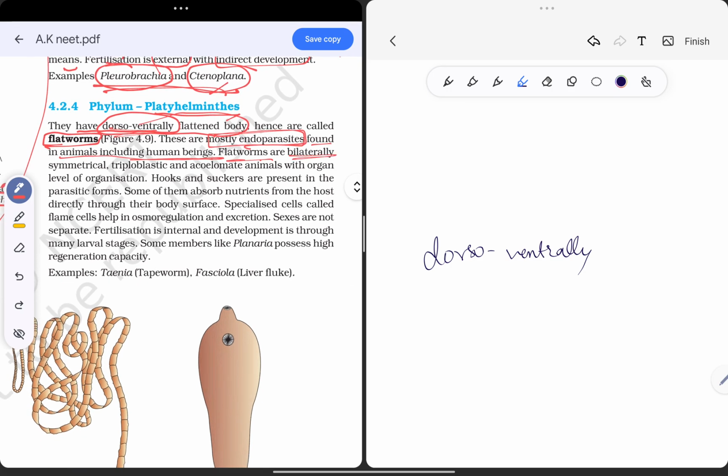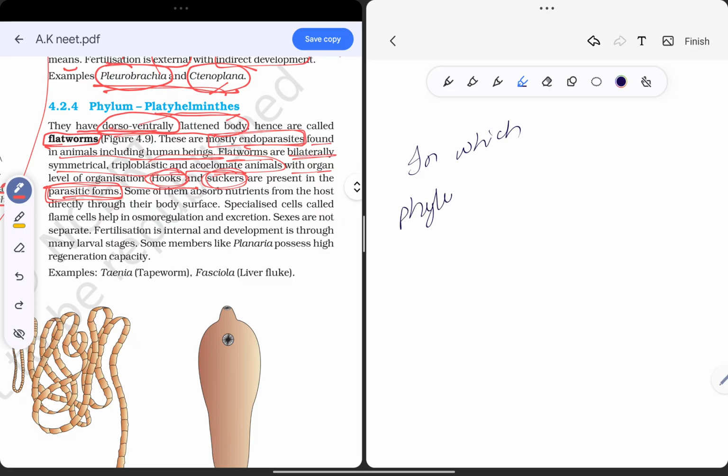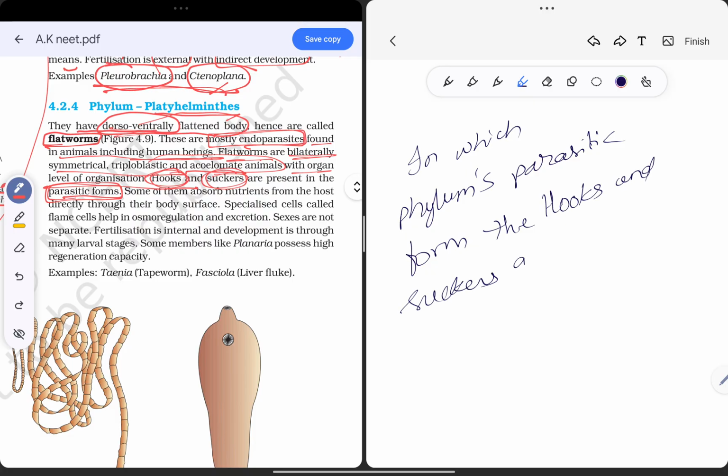Flatworms have bilateral symmetry. They are triploblastic, acoelomates, with organ level of organization. Hooks and suckers is another important point you should remember, present only in the parasitic forms. They might ask you in which phylum the parasitic forms have hooks and suckers.